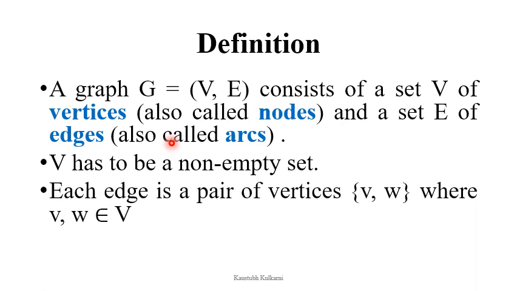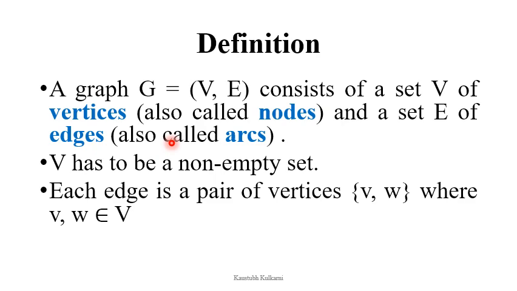Each edge is a pair of vertices {V, W}, where V and W belong to capital V. Let's say there is an edge between the vertices V and W. Now there is no order between V and W. You can call the same edge VW and you can call it WV as well.